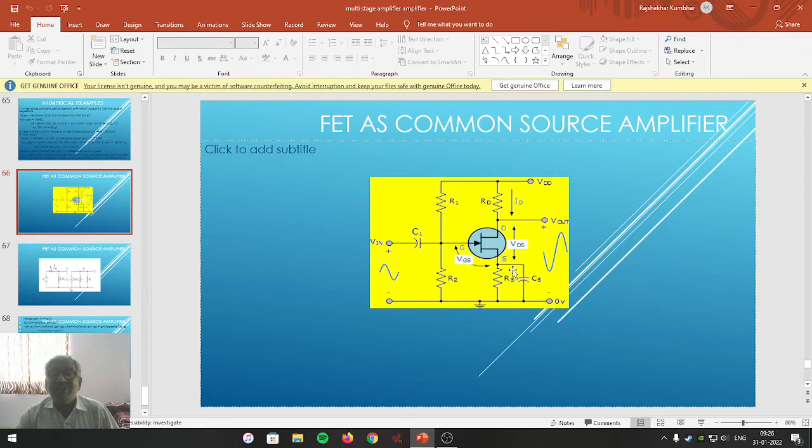CS, the capacitor connected to the source, bypasses the AC component to the ground.